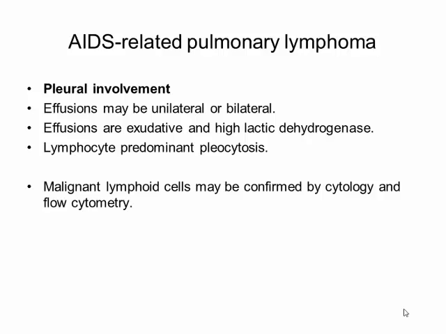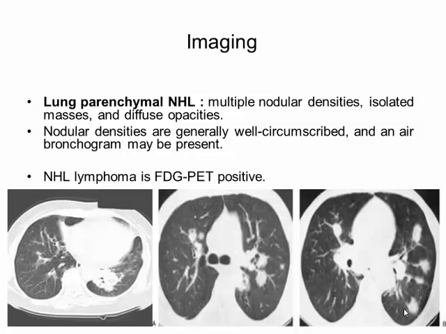Effusions may be unilateral or bilateral. They are exudative, with high lactate dehydrogenase and lymphocyte predominance as well. I don't know if it's very specific, but the malignant cells can be caught on cytology, and you might be able to have enough cells to do flow cytometry.